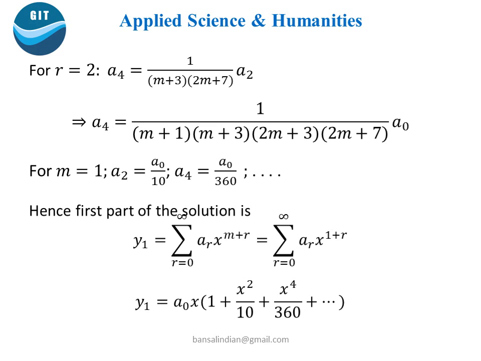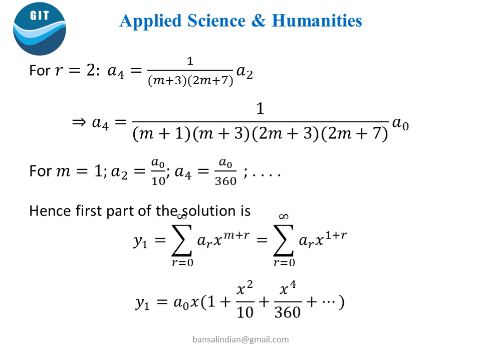So to get the first solution, we'll put the values of a_2 and a_4, and on simplifying we'll get the first solution as a_0 x (1 + x^2/10 + x^4/360 + terms up to infinity).